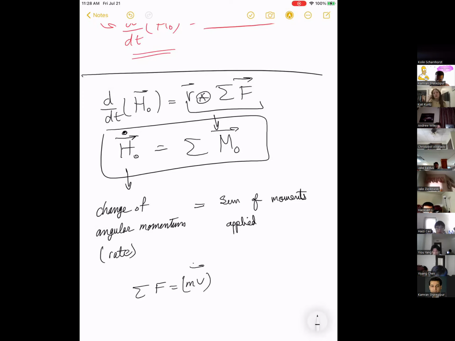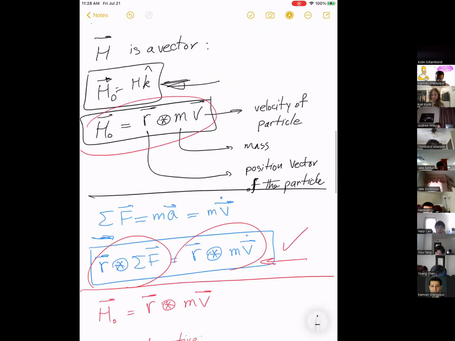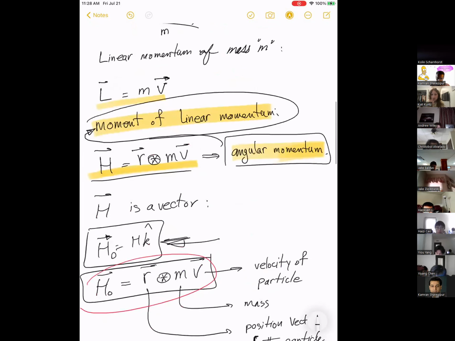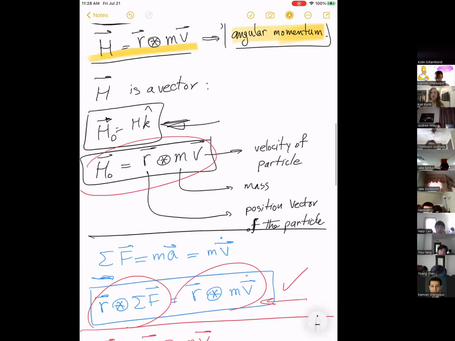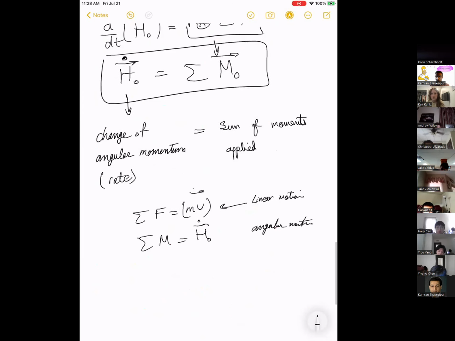Here you have summation of moments is h o dot. This is for linear motion. This is for angular motion. And you may say, we didn't have angular motion for particles because particles don't have angular motion, but with the way we defined angular momentum, it kind of makes sense, right?